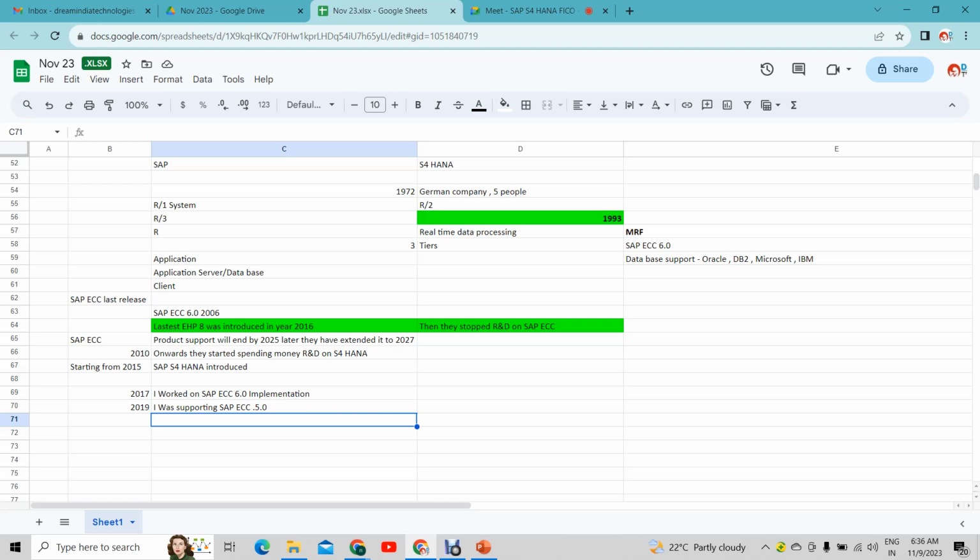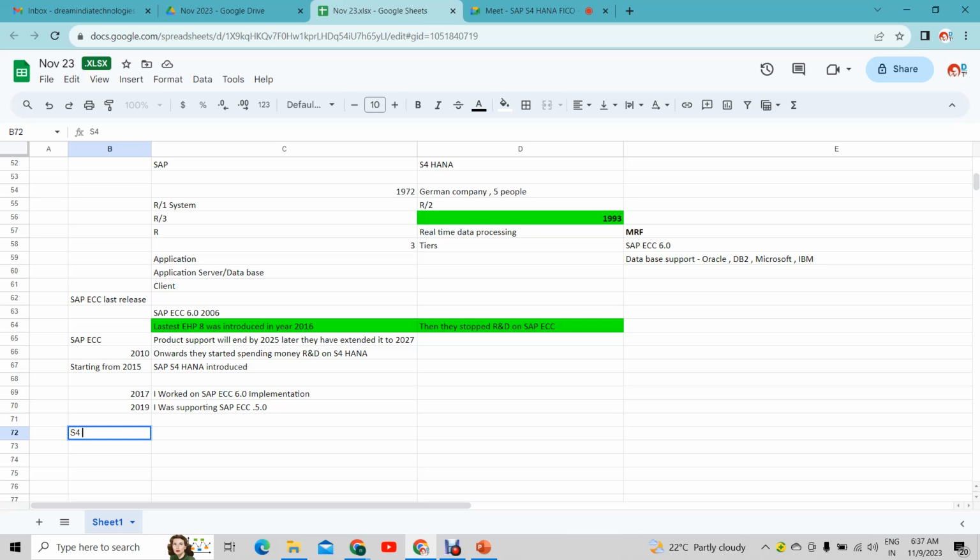Nothing to worry, we can do support till 2027. Correct. So this is fine. Now, these are the main things. You guys have to remember the dates, and that is the reason I'm telling you the important things you should know. Next thing is coming to S4 HANA.